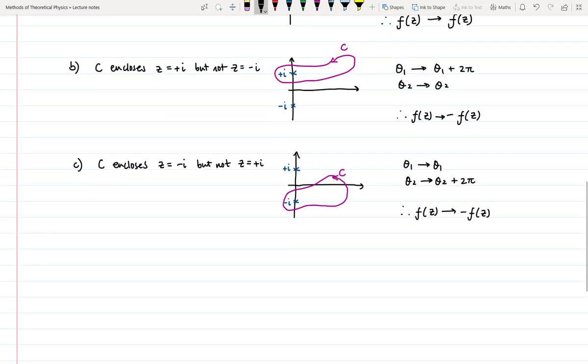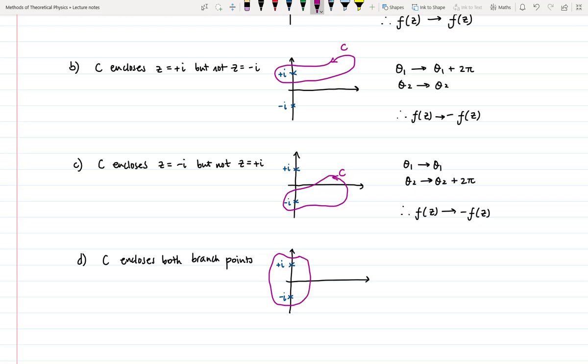As a final example, let's consider a loop C that encloses both branch points. Such a loop might look something like this.